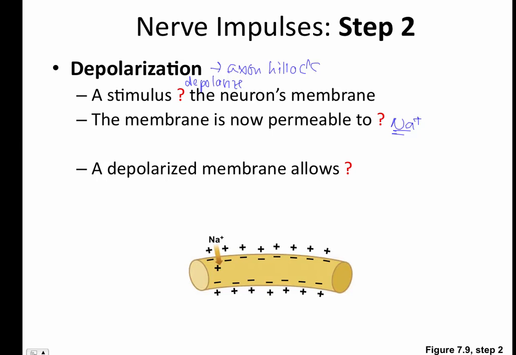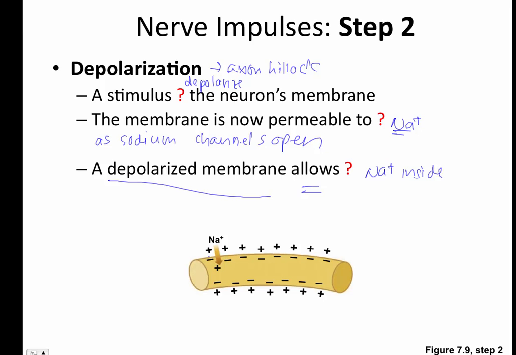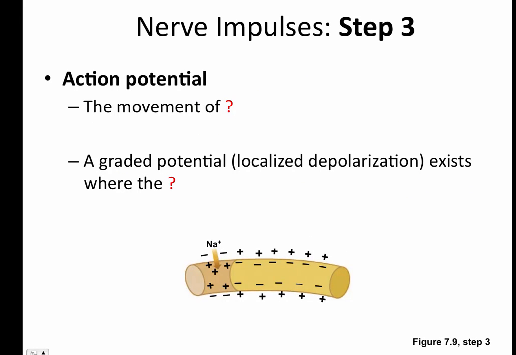Starting off with sodium, sodium channels are going to open, and so the depolarized membrane allows all of that sodium to flow inside. Now, if and only if we have a large stimulus, strong enough to allow enough sodium inside of our axon hillock, then we can start this action potential.